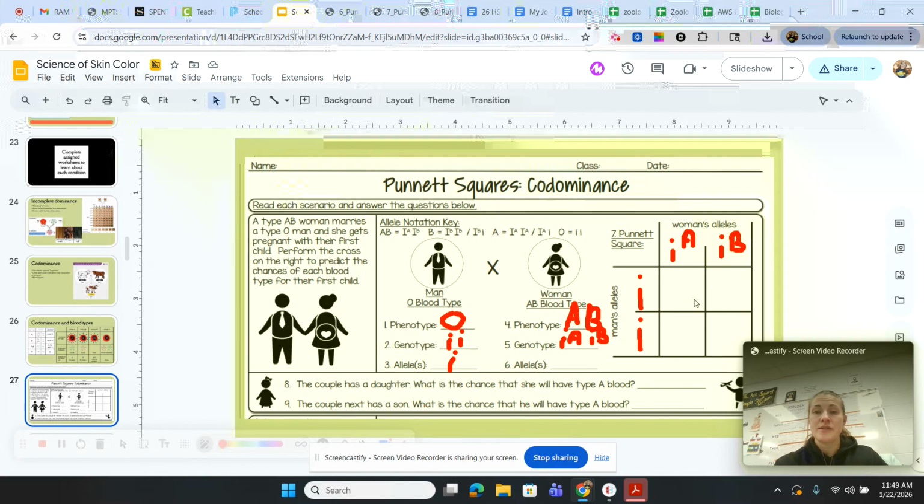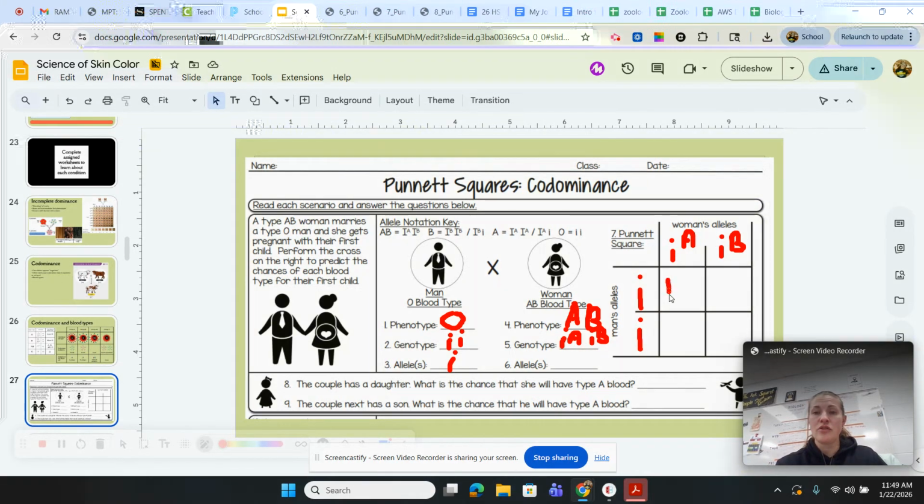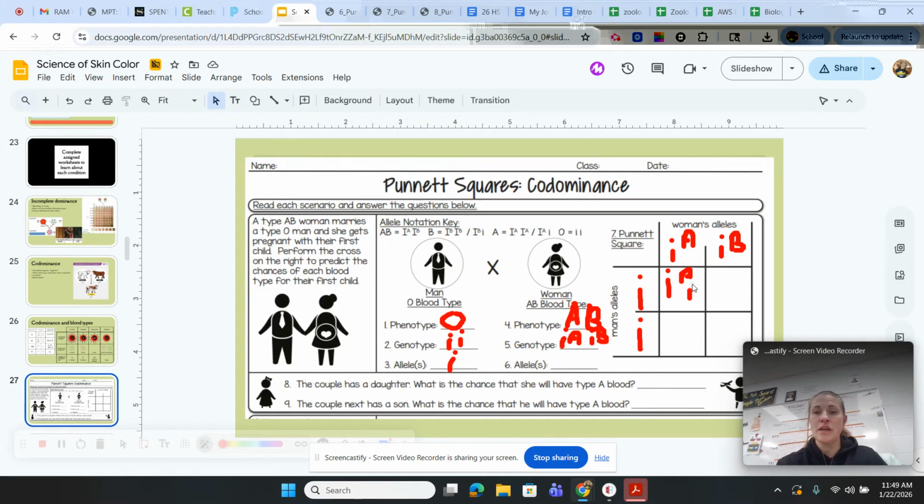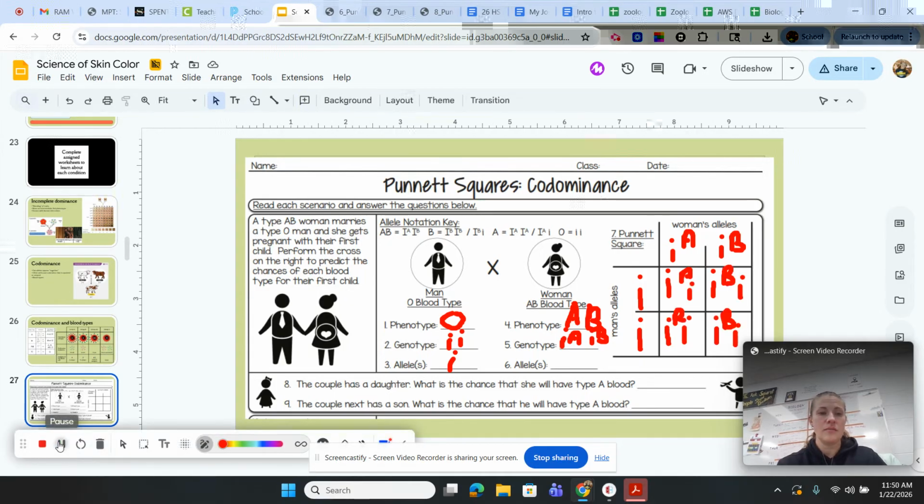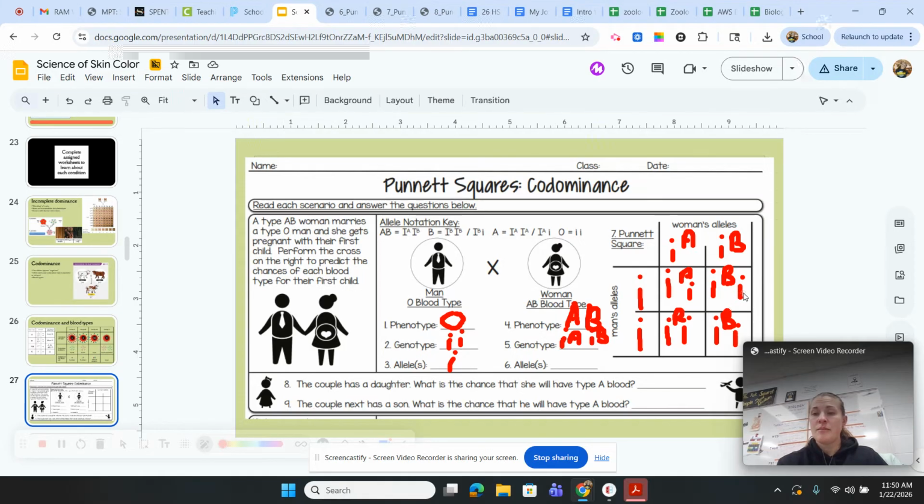So then we are going to go through and fill in the cross. So we would have an I^A and a little i in this one. And then I went through and just filled the rest of them in off camera because I'm old and writing with my finger on my keypad is difficult. So we have I^B, little i, I^A, little i, I^B, and little i.